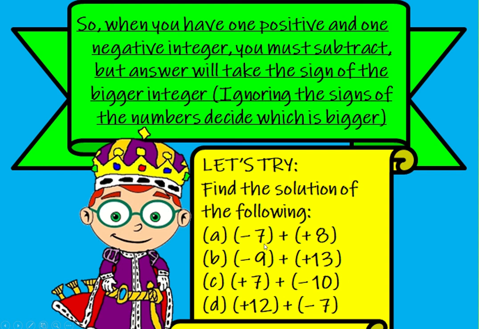In this case, you have to subtract, as you have done: unlike integers say subtract. Just subtract these numbers. 8 minus 7 would be 1. In the next one, 13 and 9 both are unlike. Unlike integers say subtract. So 13 minus 9, that would be 4.